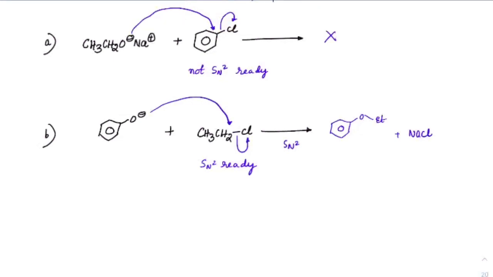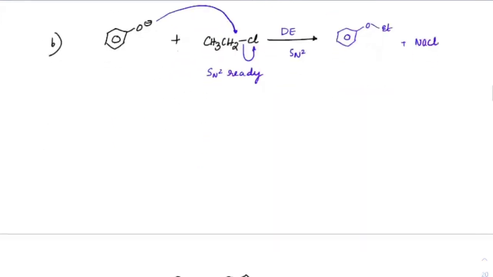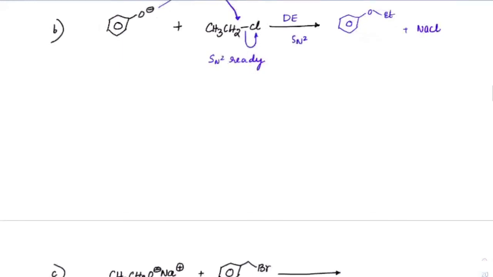All of these reactions are only in dry ether, DE as in dry ether. So all of you have made a note. If you got that, start doing the next one.